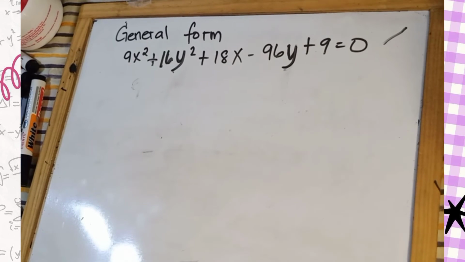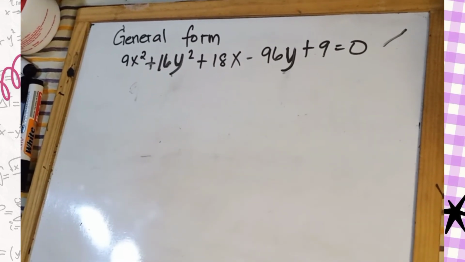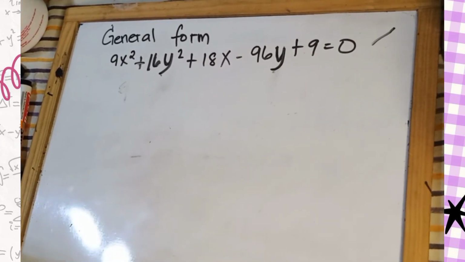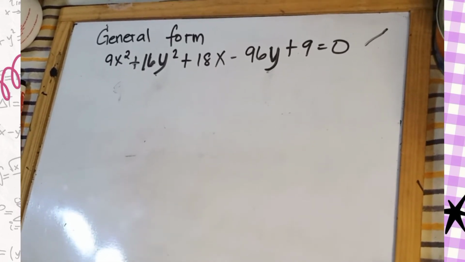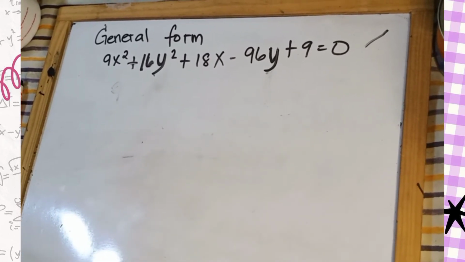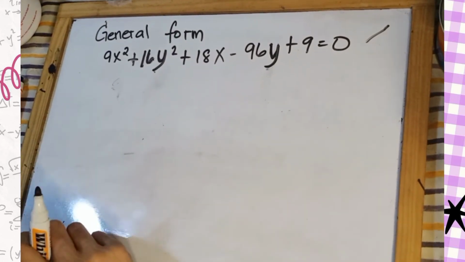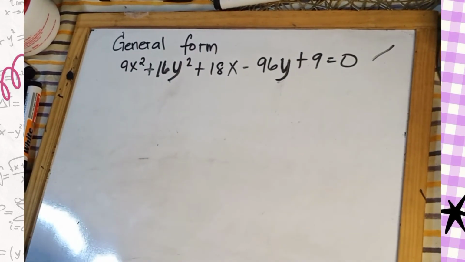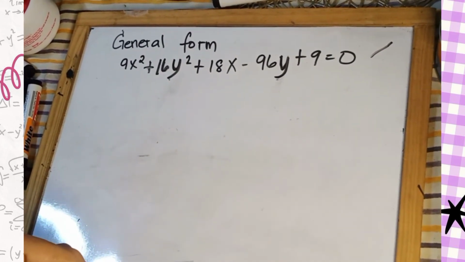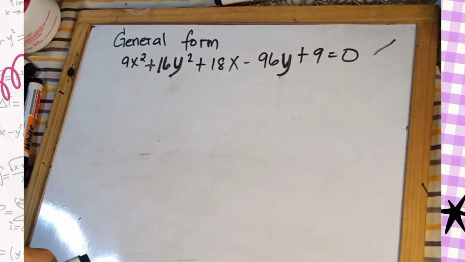Okay, so let's have another example. So we have here in general form 9x squared plus 16y squared plus 18x minus 96y plus 9 is equal to 0. Okay, so first step, i-group muna natin yung ating term according sa kung ano yung may common factor.